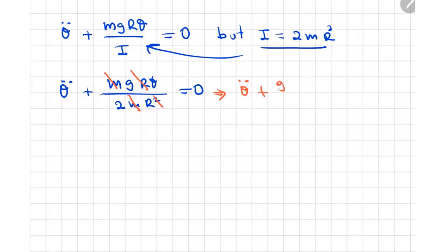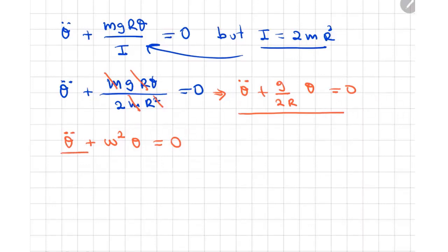Theta double dot plus g dividing 2r theta equal to 0. This equation has this form, theta double dot plus omega squared theta is equal to 0. And if we compare this equation with this equation, we get that omega squared is equal to g dividing 2r.